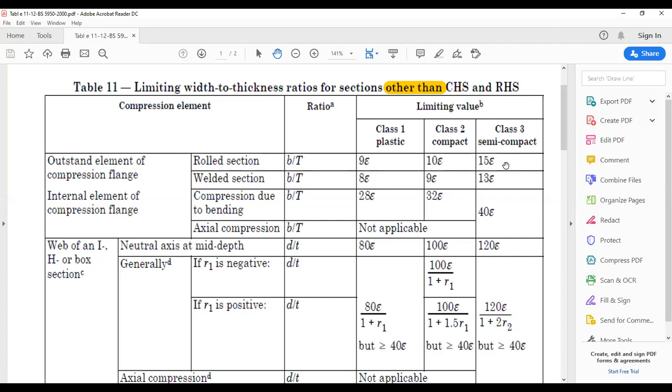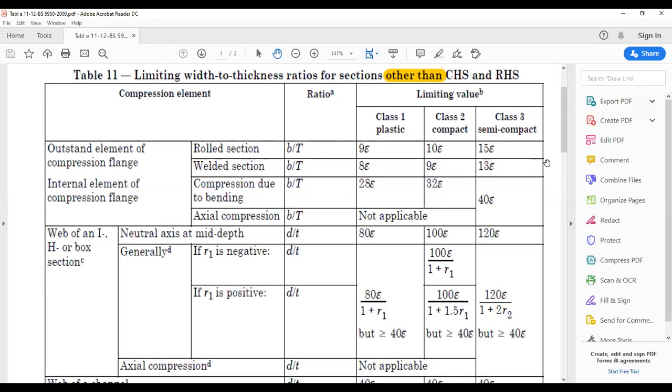Instead, it will now be slender section. So slender sections that are class 4, although they are not mentioned in table 11, can be defined by considering these ratios. If the ratios are beyond these limits, then your sections will automatically fall into slender sections.